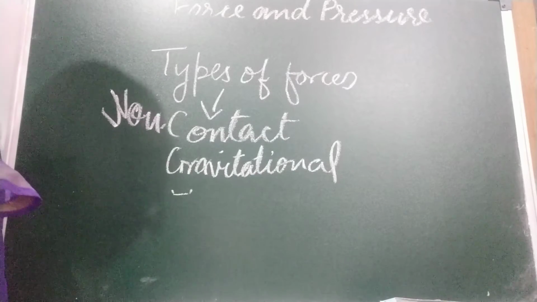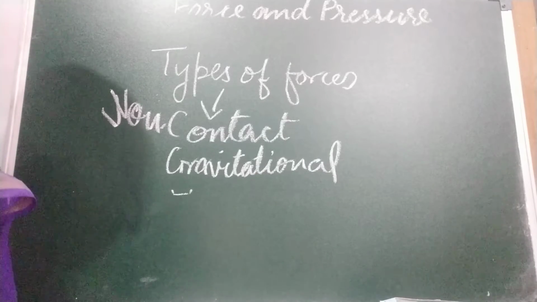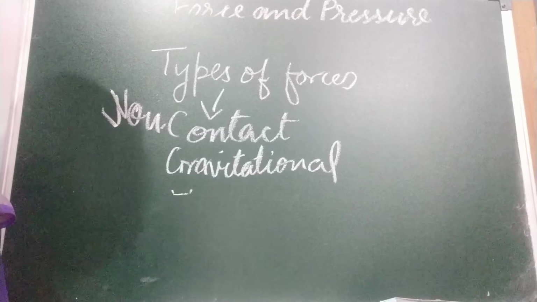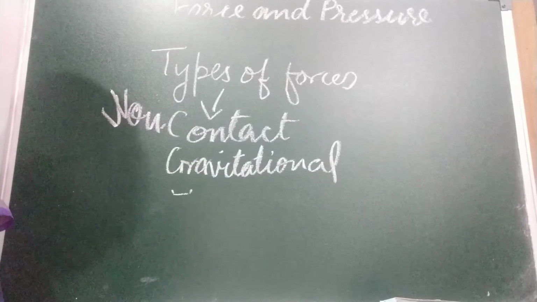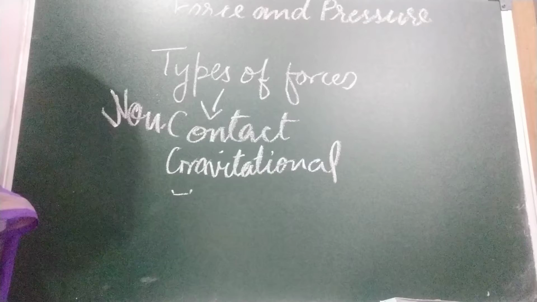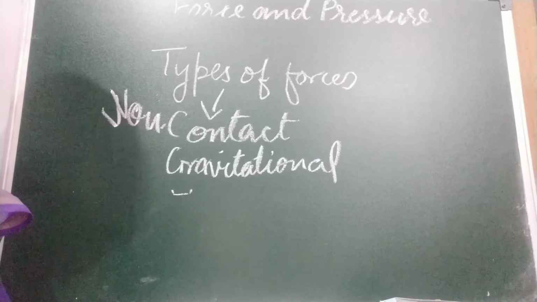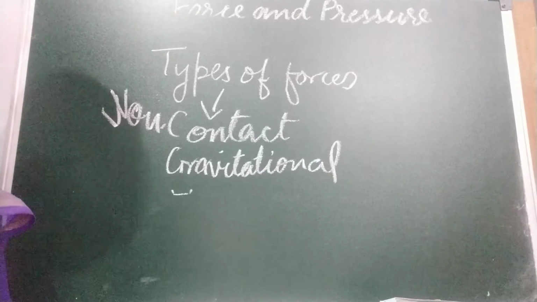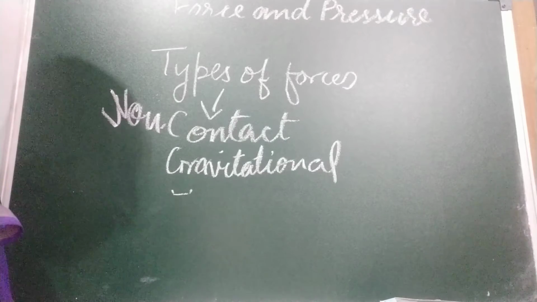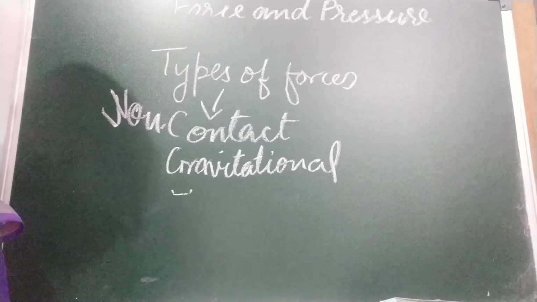This is because the earth pulls the bigger stone with greater force. We say that the big stone has more weight than the small stone, but weight is a measure of the earth's gravitational force on an object.